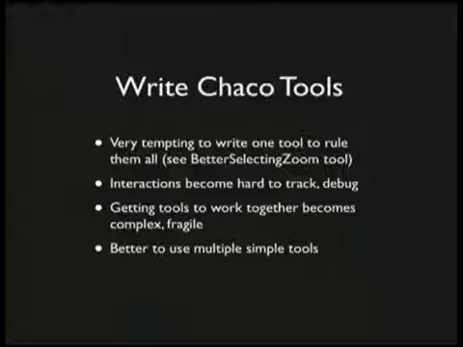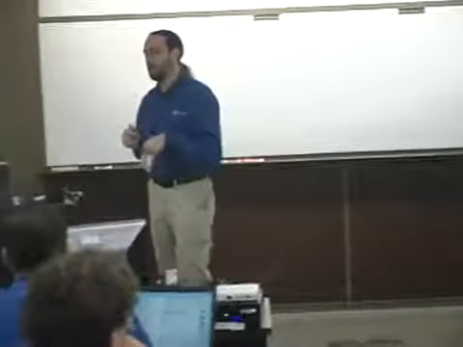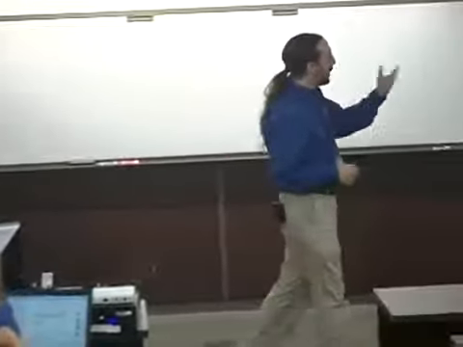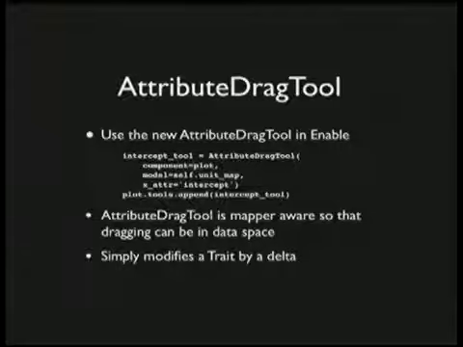And so what I've found over the past few years is it's better to use smaller, simpler tools with more easy to understand interactions. And so we've been folding some of these tools into the code base. The one which I have been working on recently is an attribute drag tool, and it's really, really dumb.